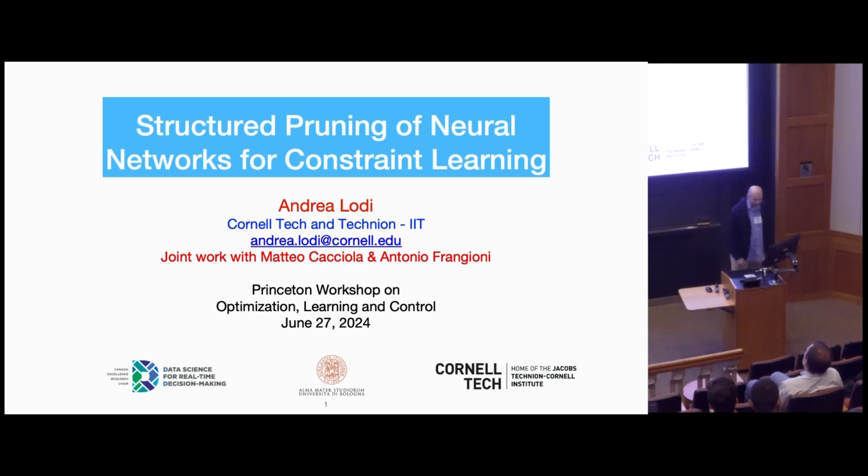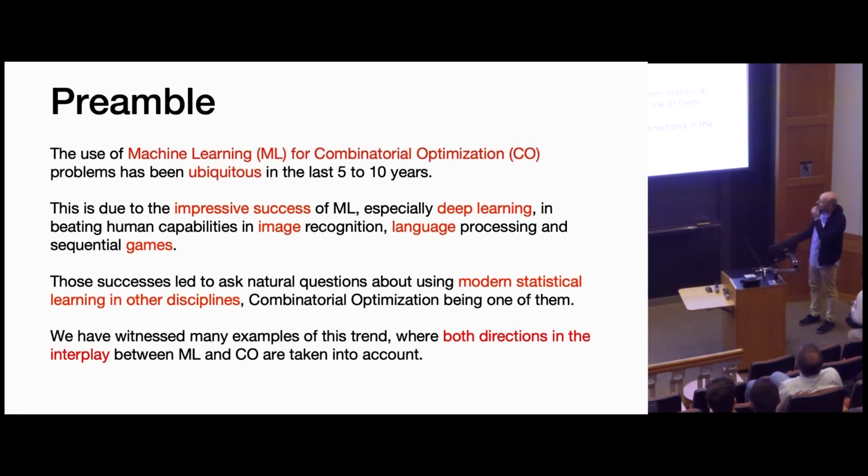So this is joint work with my former student Matteo Cacciola, who has since last week jumped to industry, and my colleague from the University of Pisa, Antonio Frangioni. What I will talk about today is in the realm of the interaction between machine learning and one of the topics that Bartolomeo was talking about before.